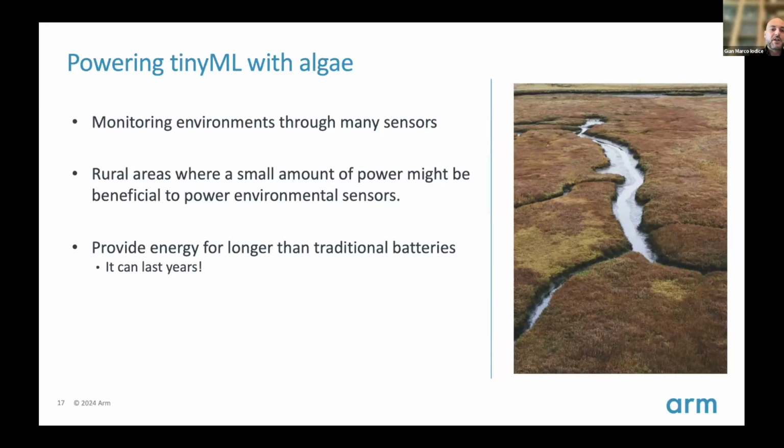The potential applications for this are mainly in rural areas, in order to provide energy for longer than traditional batteries. For instance, an application that can last in theory years, right? Because it uses the algae of the local river.